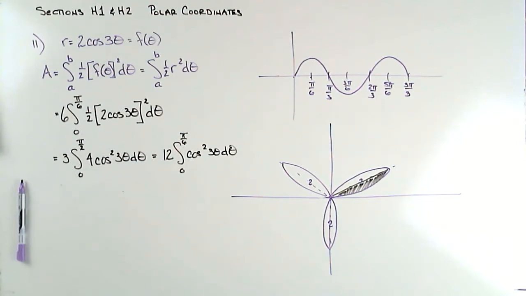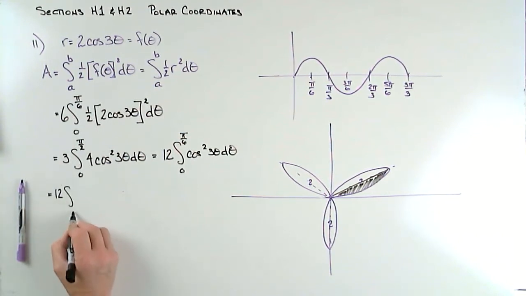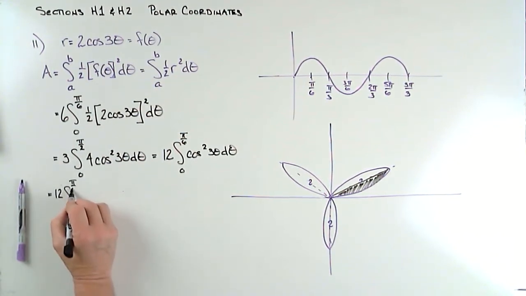So this is a trig integral, an even power of cosine, that we've done in the past. We learned how to do this in section 5.7, I think. In section 5.7, we're going to use a half angle identity here. So this is going to be 12, integral from 0 to pi over 6.